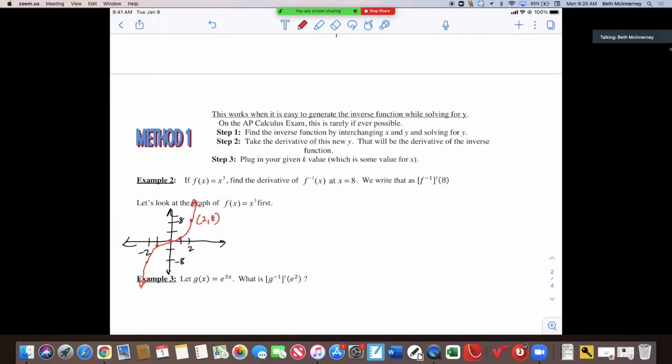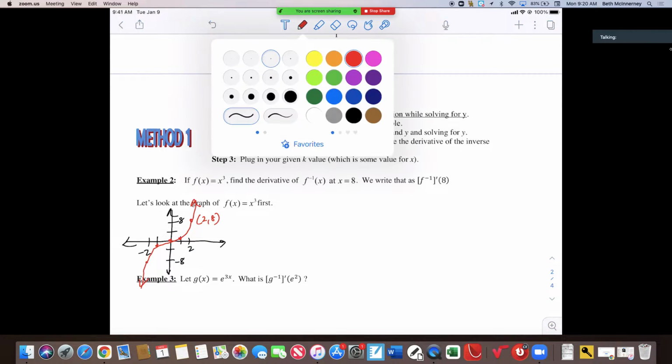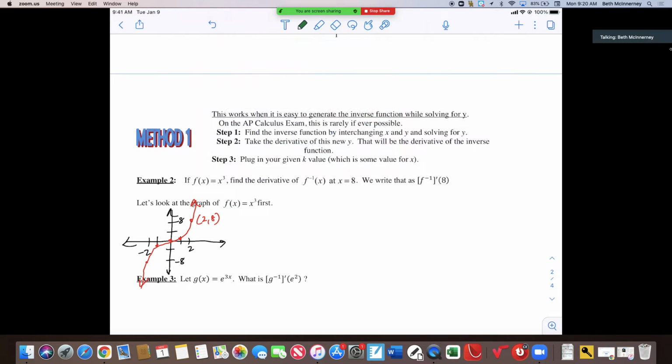So here's my f of x. And watch what I'm going to do. I'm going to find the inverse by switching x and y, and then I'm going to solve for this new y. So this is f inverse of x, and I'm going to be proactive, and I'm going to write f inverse of x equals x to the 1/3 power.